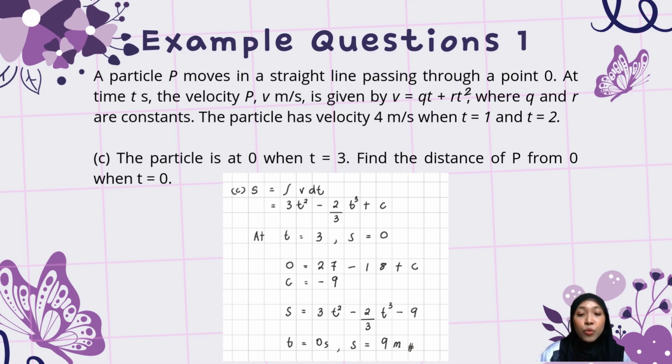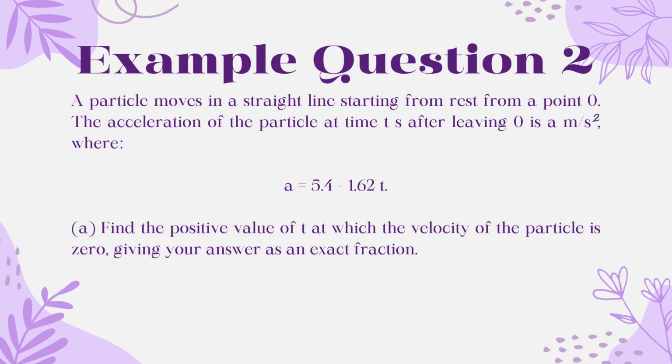So now s equals 3t squared minus 2 over 3 t cubed minus 9. We solve this equation and we get, when t equals 0 seconds, s is 9 meters. Example question 2.